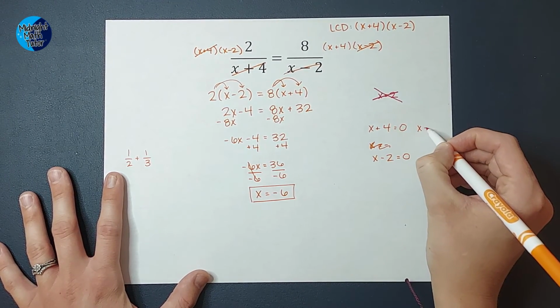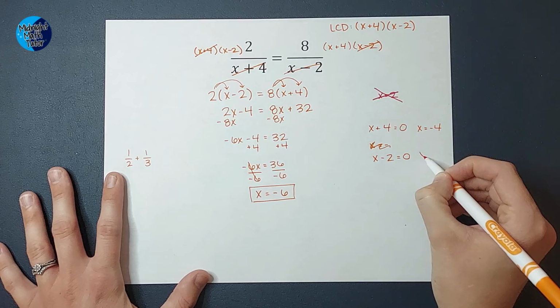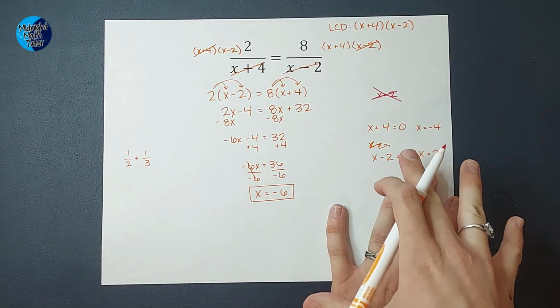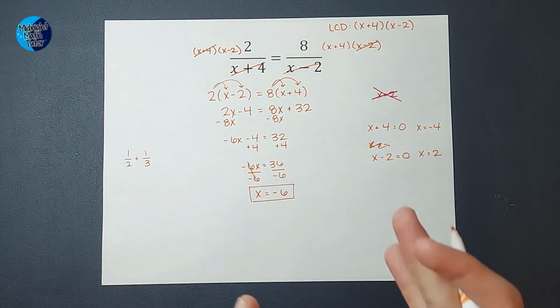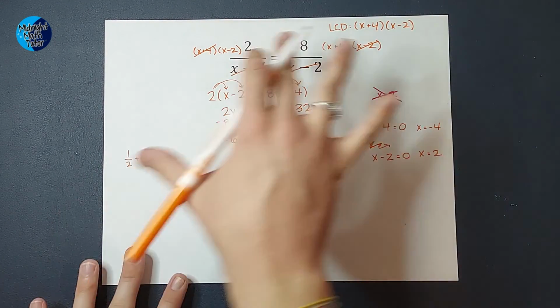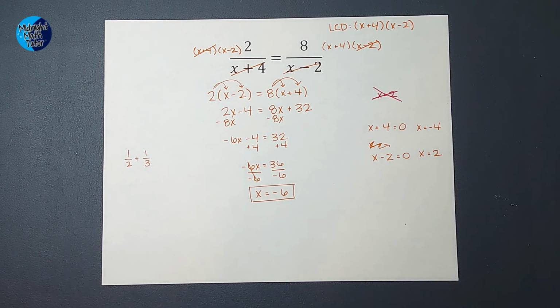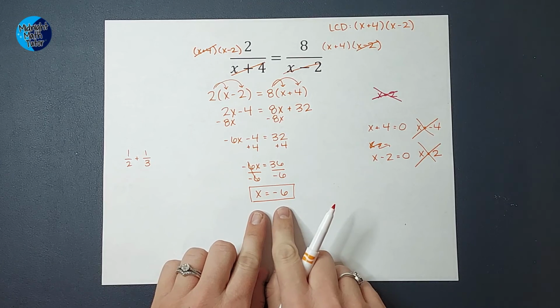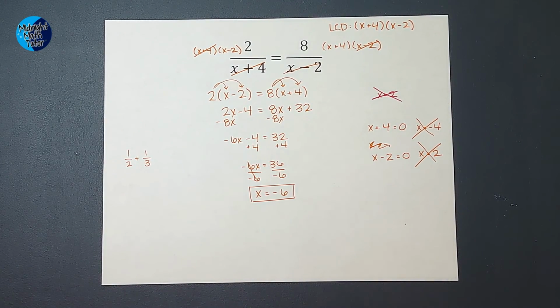Then I would get x equals negative 4 and x equals 2. So then I would know if I get any of those answers, they're extraneous. So we could have done that from the beginning, or go ahead, get your answer, plug it in, and make sure none of them are extraneous, okay? I'm going to X these off so you know those weren't the answer. My answer for this problem was x equals negative 6.